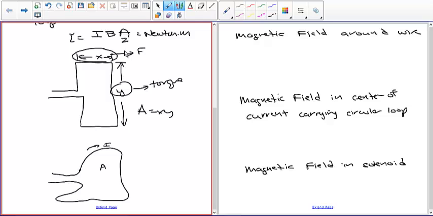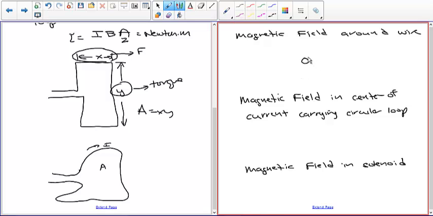Okay, so then we said if you have a current carrying wire, a wire that has a current going through it, you have magnetic field lines going around the wire like this.